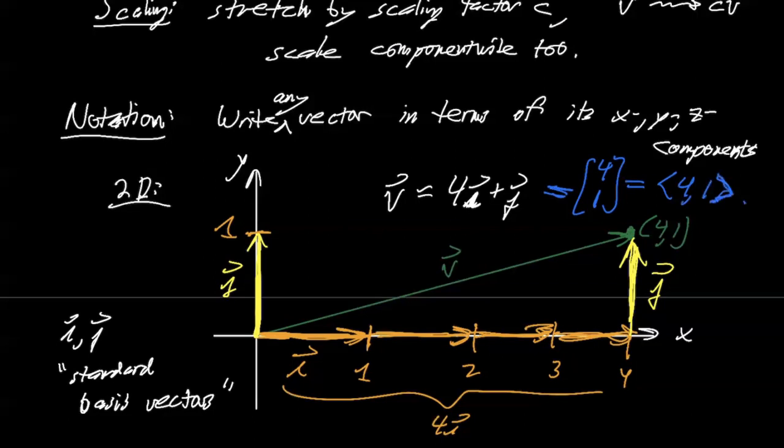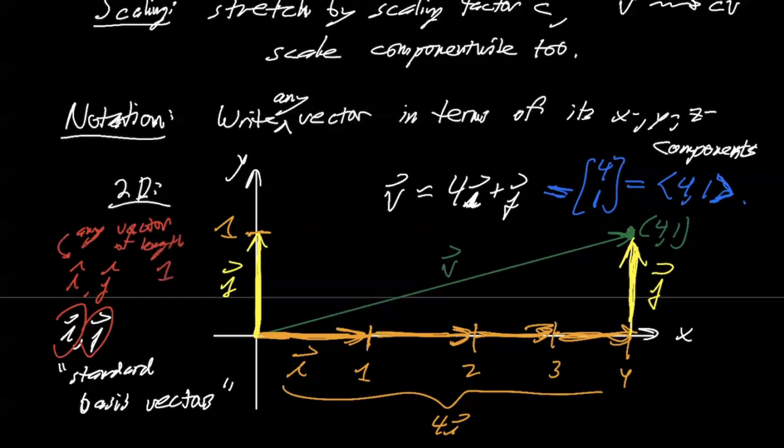One other notational thing, sometimes people write i hat and j hat instead of i and j. The hat is used in some books for any vector with length 1, which are important vectors I'll talk about in a second.